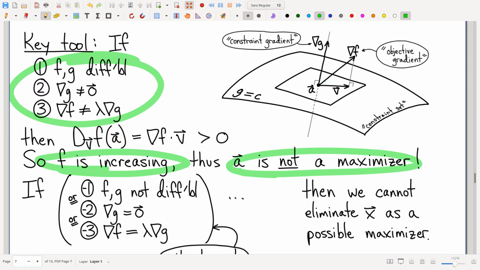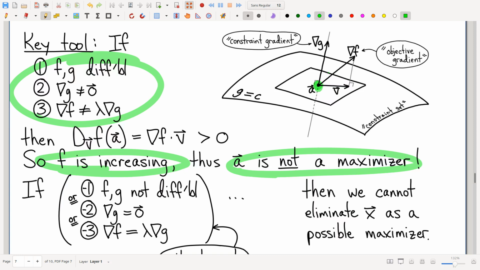And so, for example, as I have the picture drawn, this point right here, I'm calling A, that point could not possibly be a maximizer. Now let me walk you through why this works.